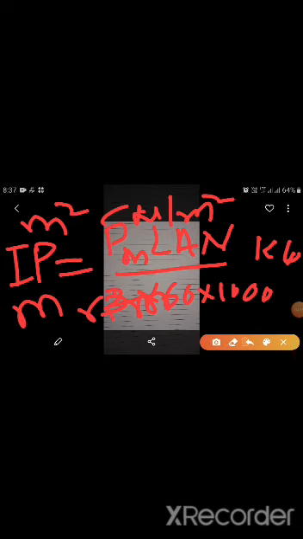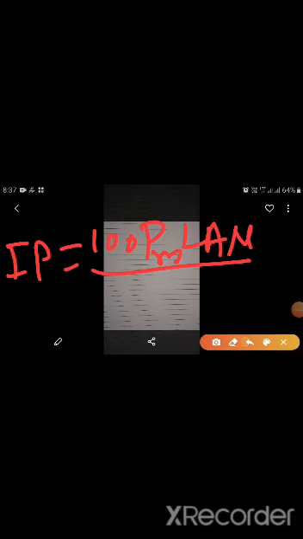Okay. If you are substituting PM in bar instead of Newton per meter square, then the formula becomes IP is equal to 100 PM LAN divided by 2 into 60.